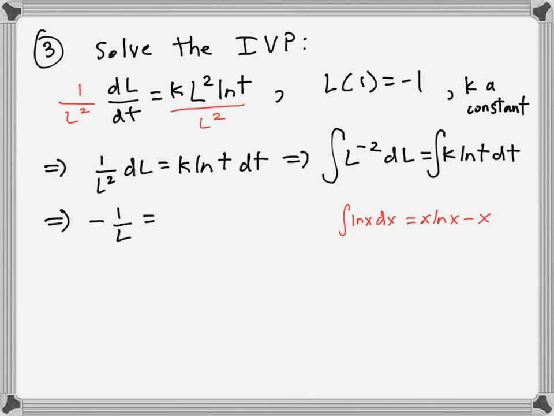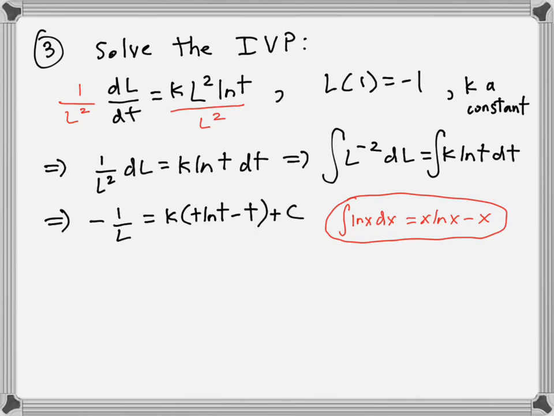This is the very first example that we did in 7.1, the integration by parts section. So using that fact, just replace x with t and pull the k out because k is a constant, you get the following. This is what we get.